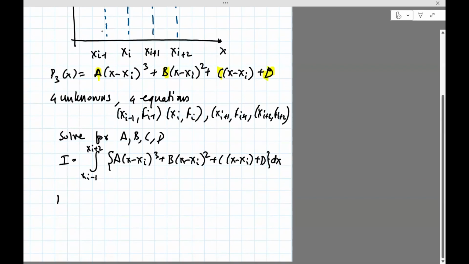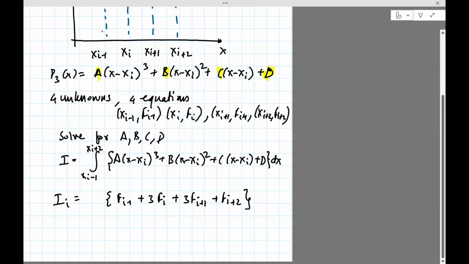And then what you get here is going to be the formula for Simpson's 3/8 rule. It comes out to be something like this: 3/8 times (f(i minus 1) plus 3 times fi plus 3 times f(i plus 1) plus f(i plus 2)) times delta x.